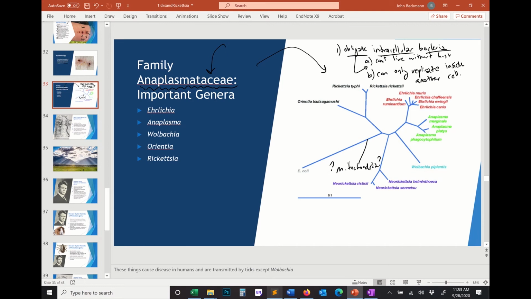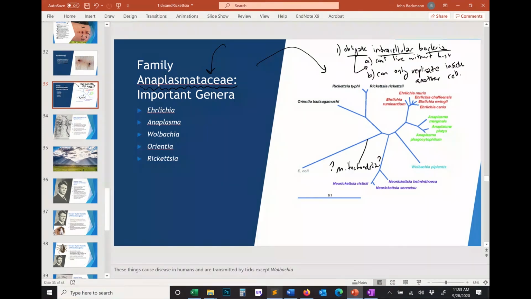So the theory is that the first eukaryote got mitochondria by getting infected with one of these obligate intracellular bacteria, and then they evolved a symbiotic relationship, and eventually it turned into a mitochondria. That's actually a theory in biology. It's one of the leading theories of where mitochondria came from.